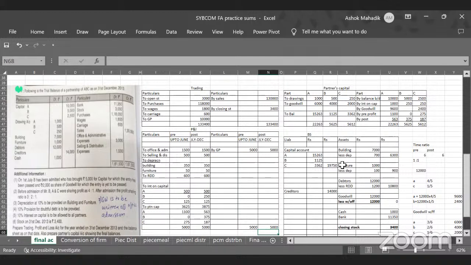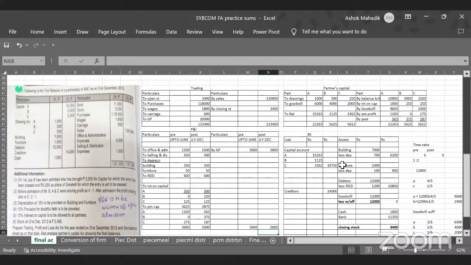Okay. Next. And 12,000 as a share of goodwill for which entry is not yet passed. They may give you a sentence like raise goodwill to the extent of 12,000 or 15,000, 10,000, 20,000. Okay, the entry is very simple.